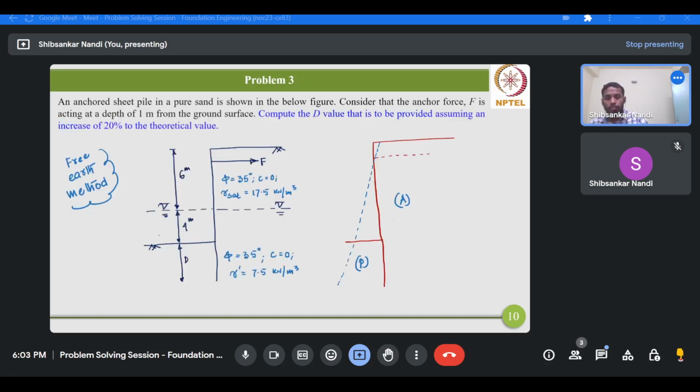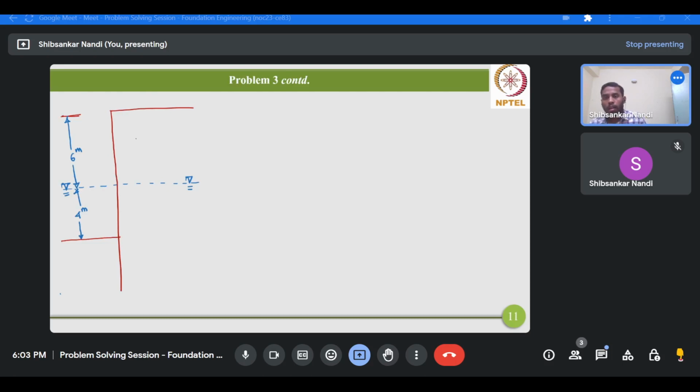Now what we have seen from the last session is that the active earth pressure distribution will start from a value of 0. First let me draw the qualitative distribution.